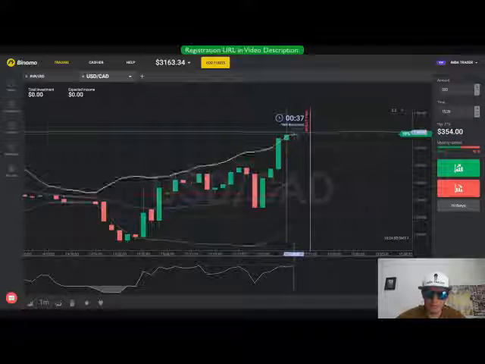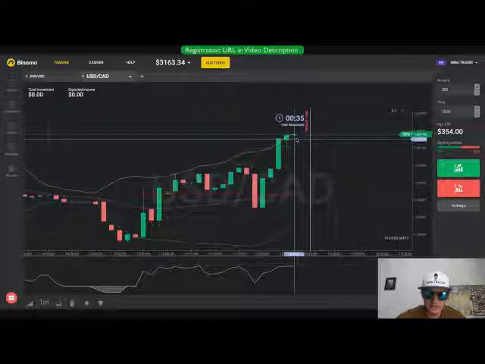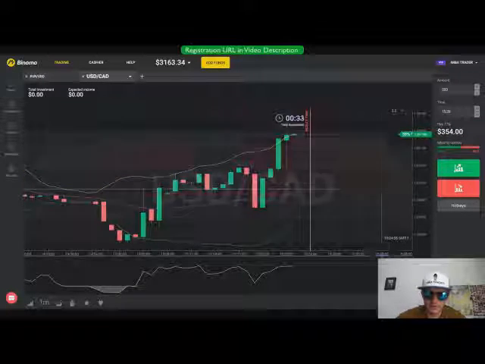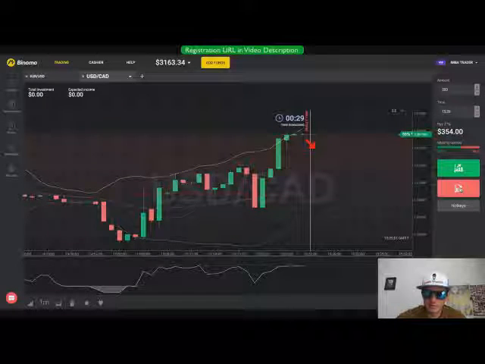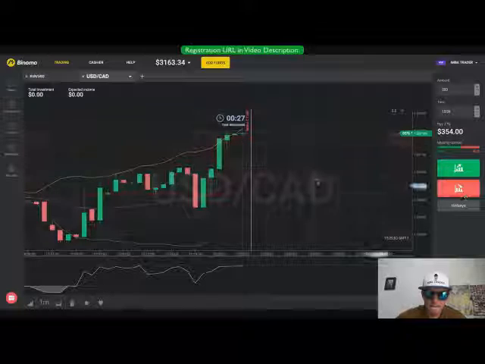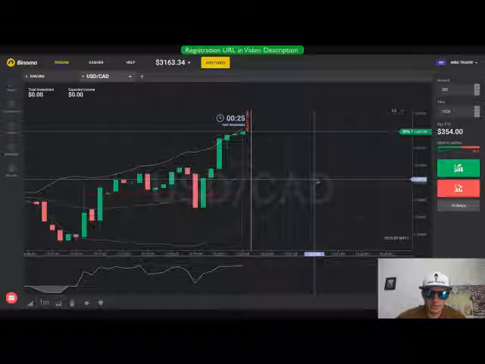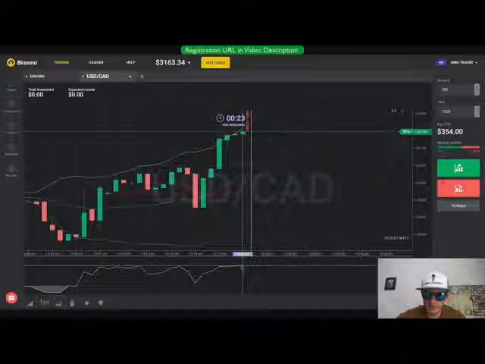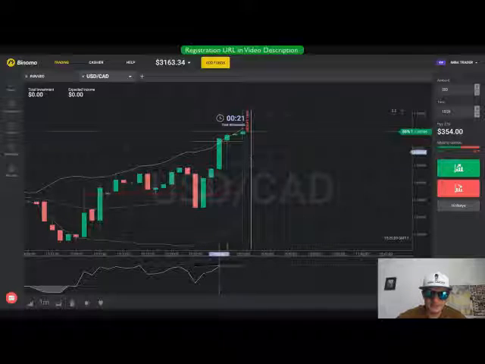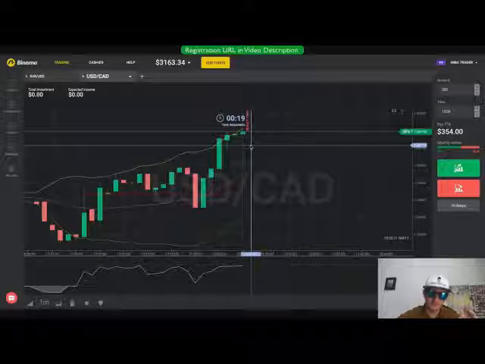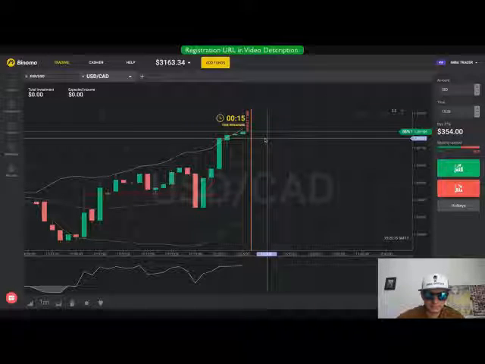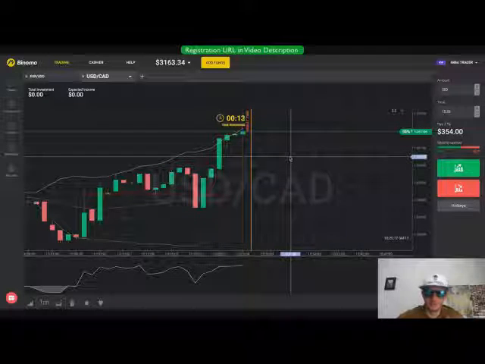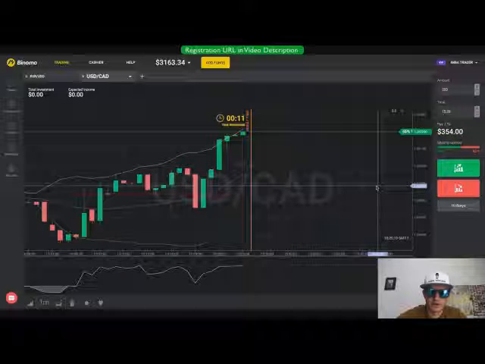So you see the upwards movement that was happening during 5 minutes. There is a breach of the upper Bollinger Band and the price movement stopped. So I'm gonna wait, and the RSI is at 76% level, so I'm gonna wait for the slight confirmation. So once the candle turns red, I'm gonna make a trade for the downwards direction.